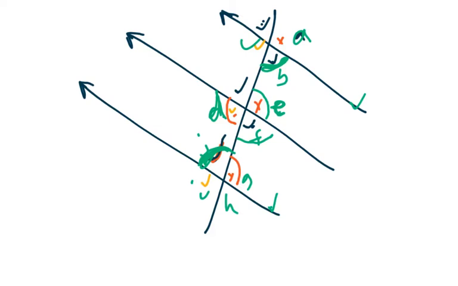Or angle B corresponds to angle H, which is vertically opposite to angle J. So there are several reasons that we can provide here to show how different angles are equal to each other.